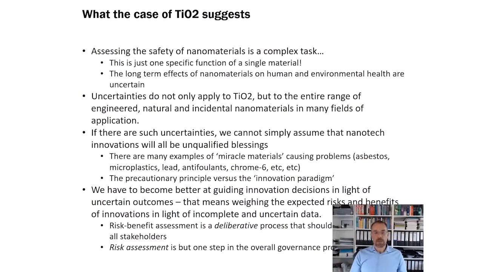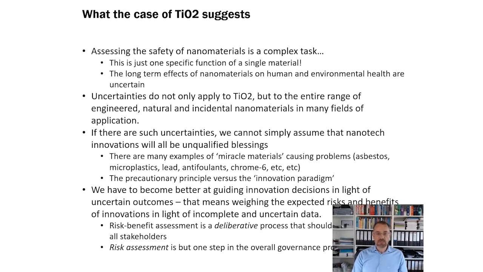In summary, what the case of titanium dioxide suggests is that, first of all, safety assessment of nanomaterials is an incredibly complex task. And please note that this is just one specific function of a single material.